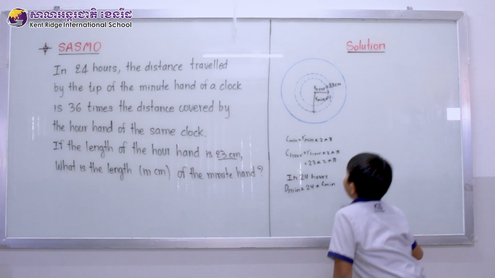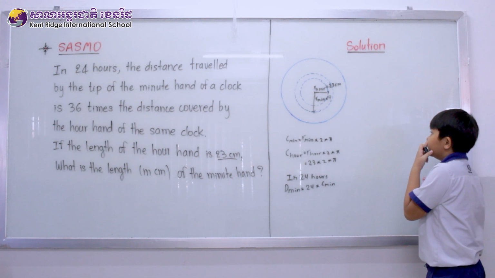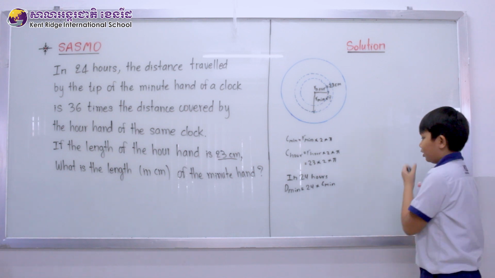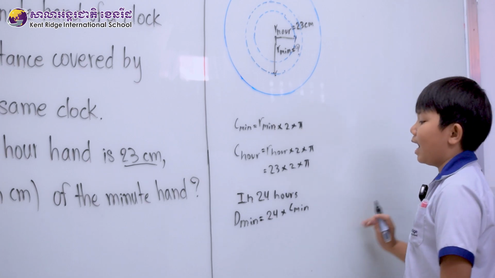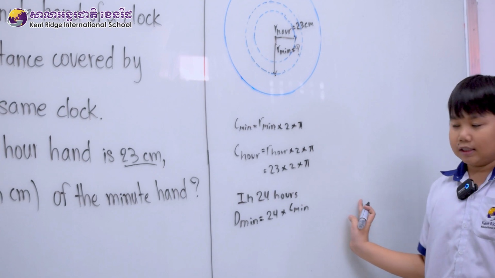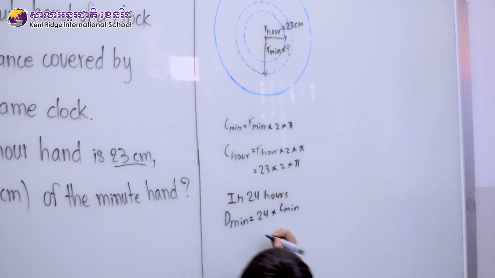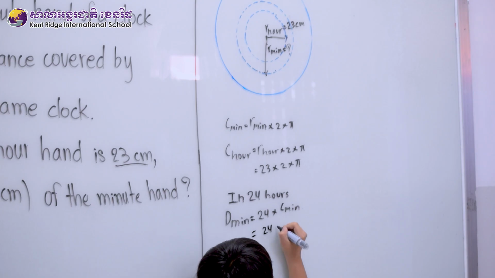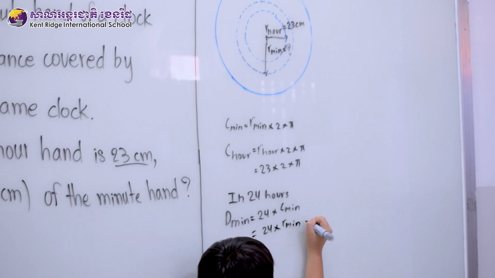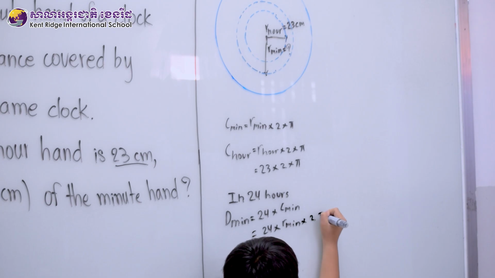Because in 24 hours the minute hand moves 24 laps, and one circumference is 1 lap. So we take 24 times the circumference of the minute hand, which is equal to 24 times the radius of the minute hand times 2 times pi.